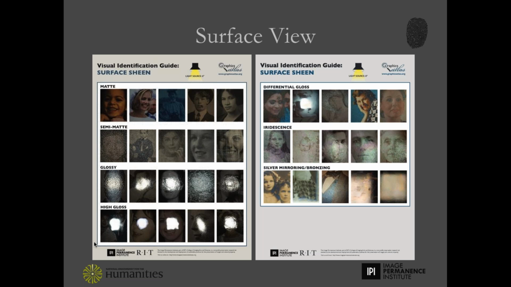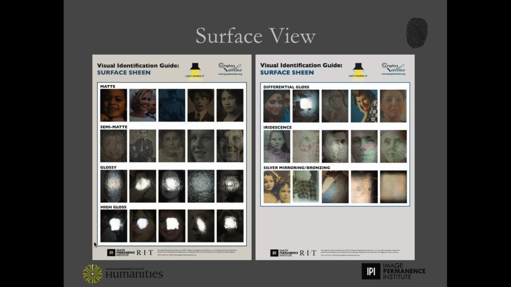On the right, differential gloss is where there is a difference in gloss between the shadows and highlights. Usually the shadows are glossier than the highlights. Some prints exhibit iridescence where the color of the sheen itself is pink and green, like a soap bubble or oil and water in the street. This iridescence can actually only be seen under fluorescent lighting. So in this case, you actually want fluorescent lighting.